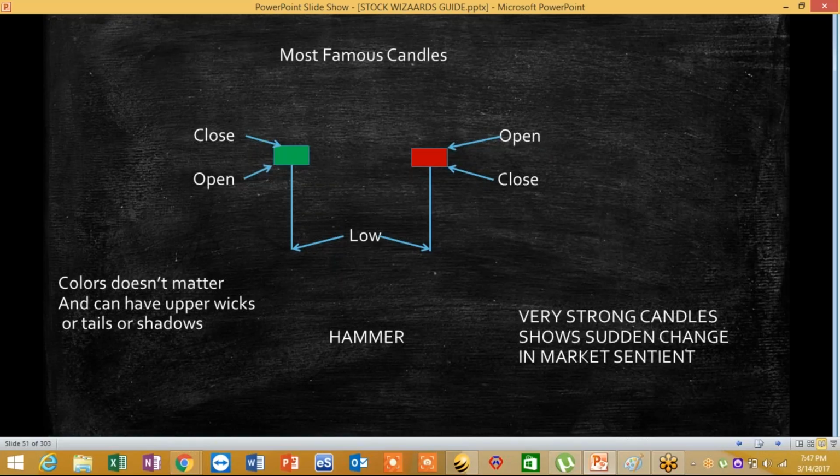Arvindji, here also I have written color doesn't matter, but it should have a formation like this. Is this clear now? Position, like what position are you asking?